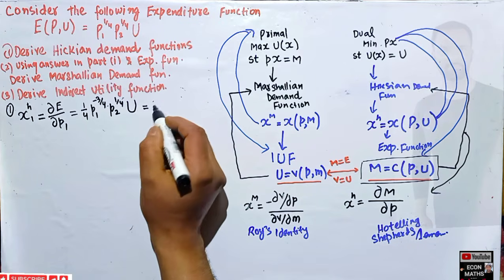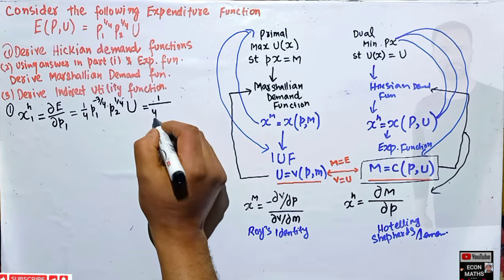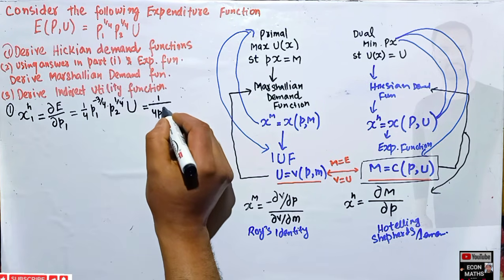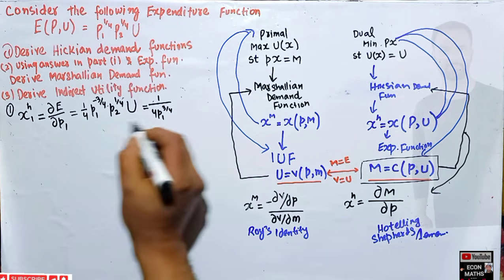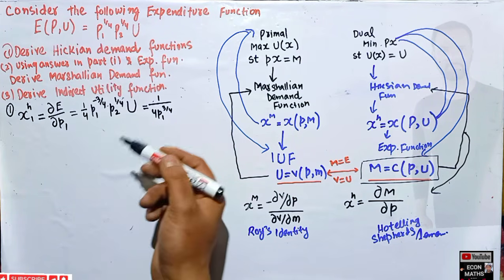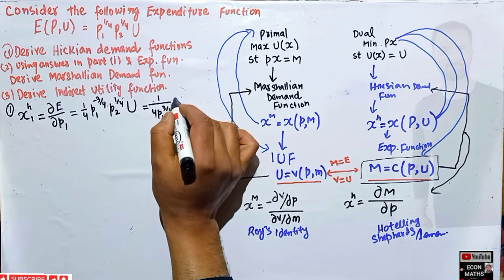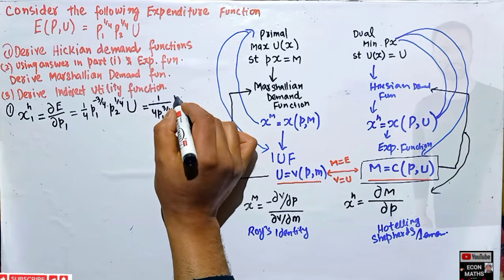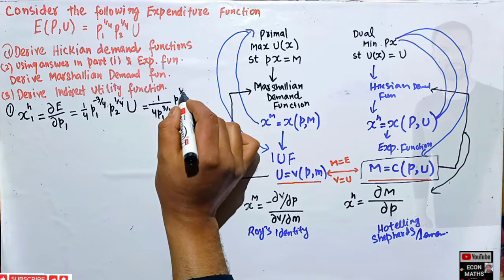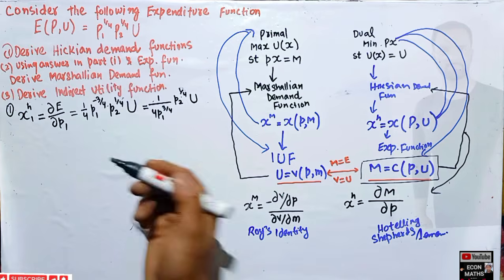If we transpose this, it becomes 1 divided by 4 p1 raised to the power 3/4. If we change numerator to denominator, the exponent sign gets changed, so minus 3/4 becomes plus 3/4. Then we have p2 to the 1/4 and utility. So this is our Hicksian demand function for good x1.